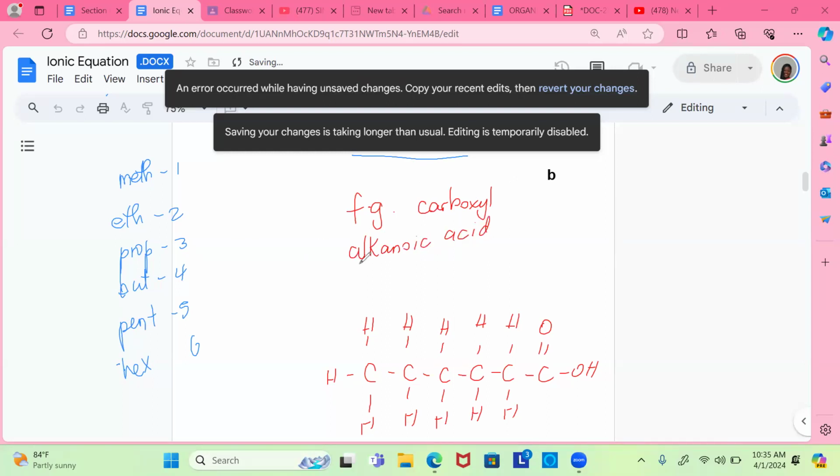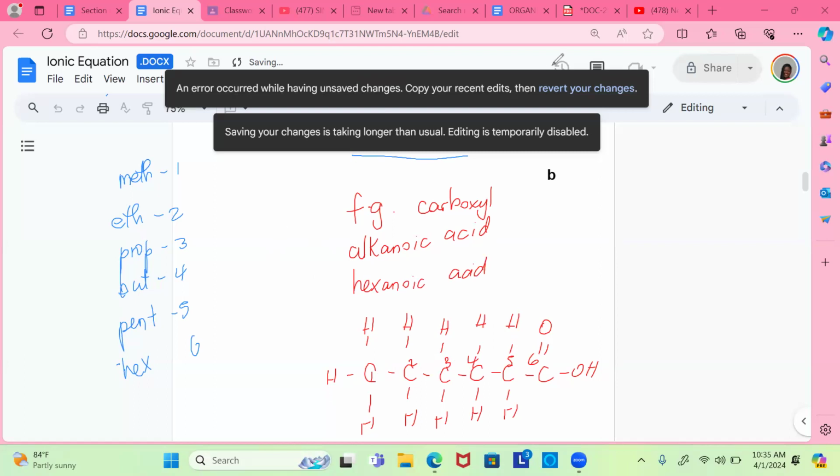Then I'm going to replace the alk in alkanoic acid with the prefix that tells me how much carbon there is. So I need to count the carbon. 1, 2, 3, 4, 5, 6. How many is there? 6. So what's the name of this compound? Hexanoic acid. Clear?